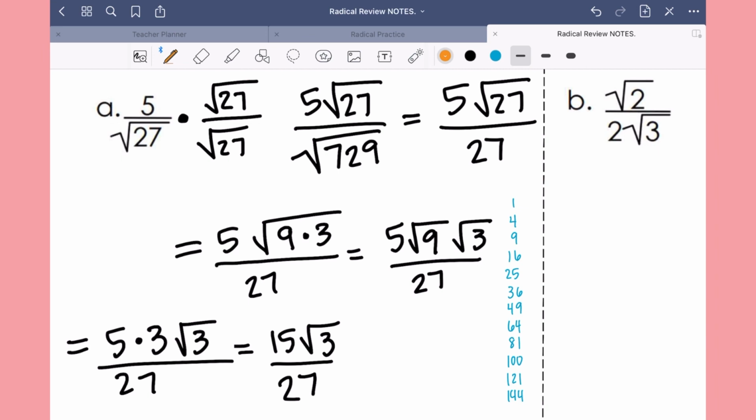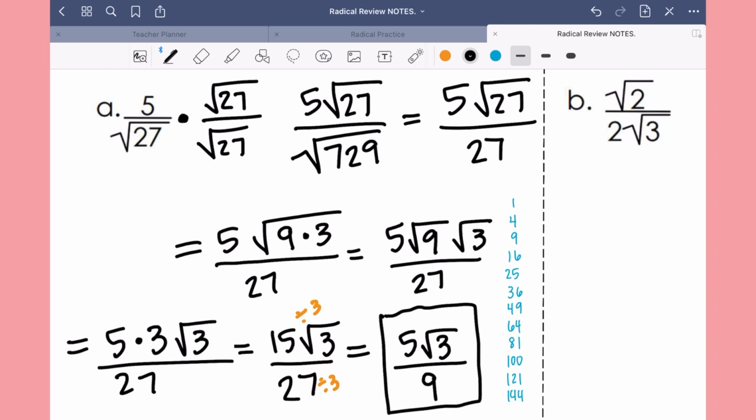So what is the greatest common factor for 15 and 27? The answer is 3. Both of those can be divided by 3. So actually, we need to simplify this one step further. 15 divided by 3 is 5. And 27 divided by 3 is 9. So we finally simplified this all the way.